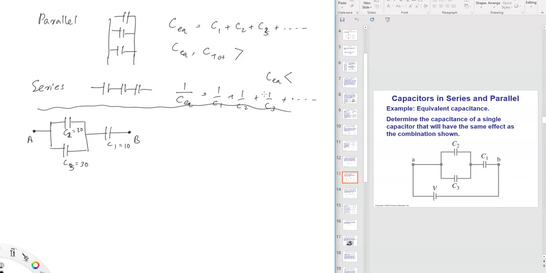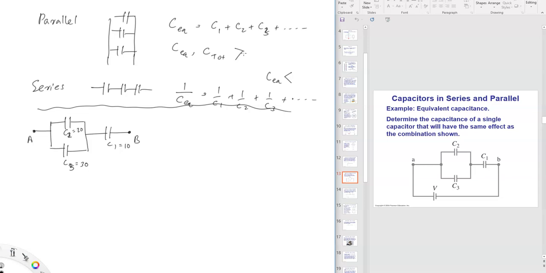It will be smaller than the smallest capacitor. Over here, in the parallel system, the total will be bigger than the biggest capacitor. So these are certain things that if you remember, it makes it easier to see whether you have made a mistake.